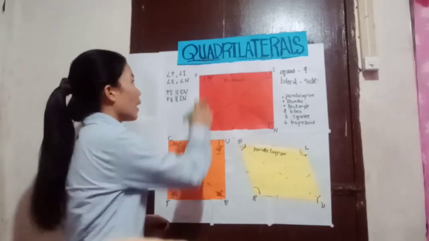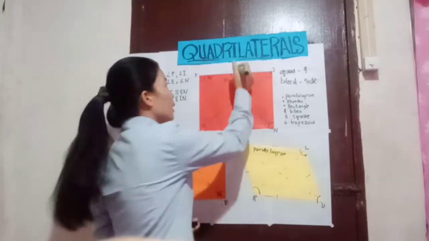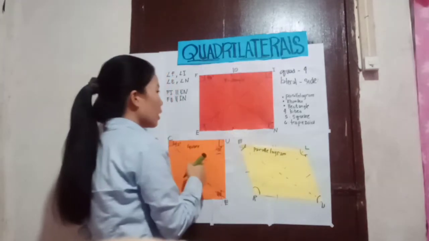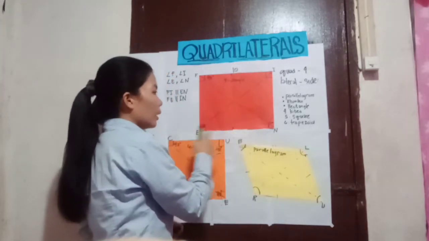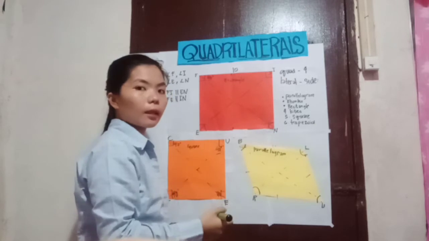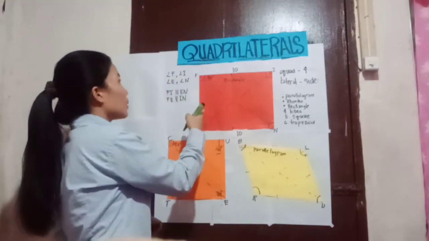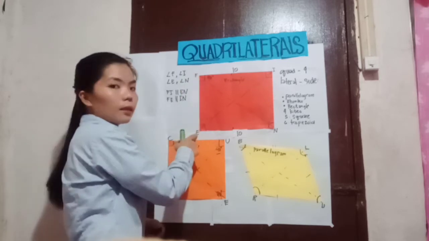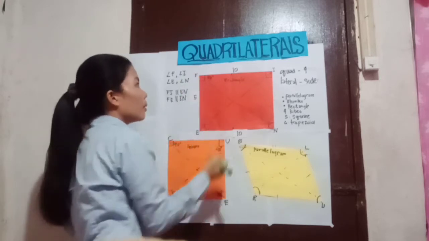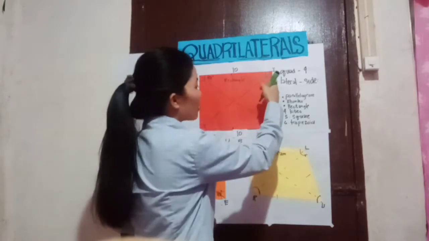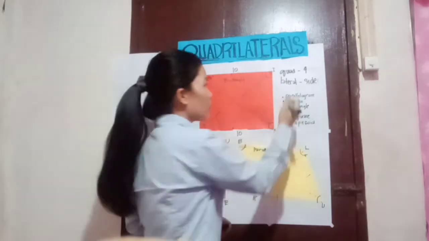The length of side FI is 10, and the length of side EN is 10 also. Then if the length of side FE is 5, the length of side IN is 5.